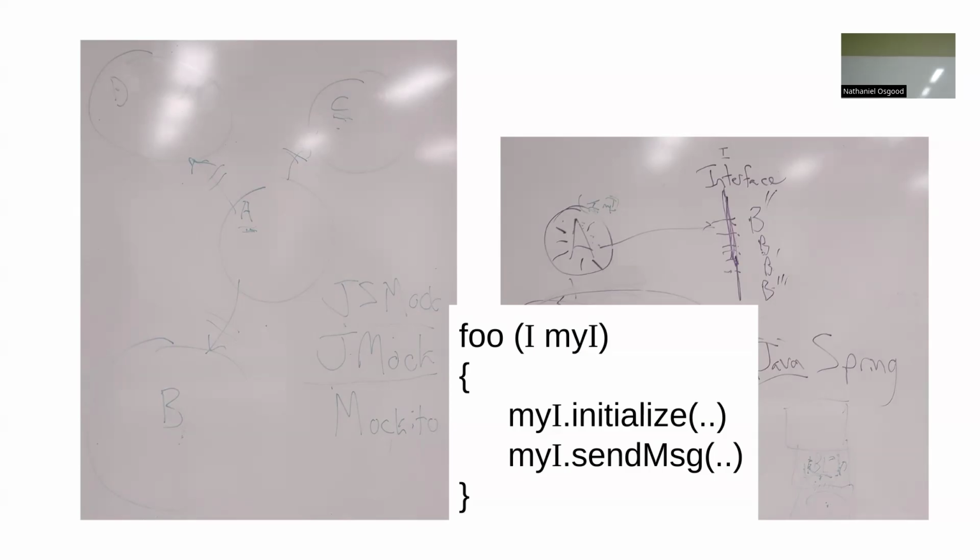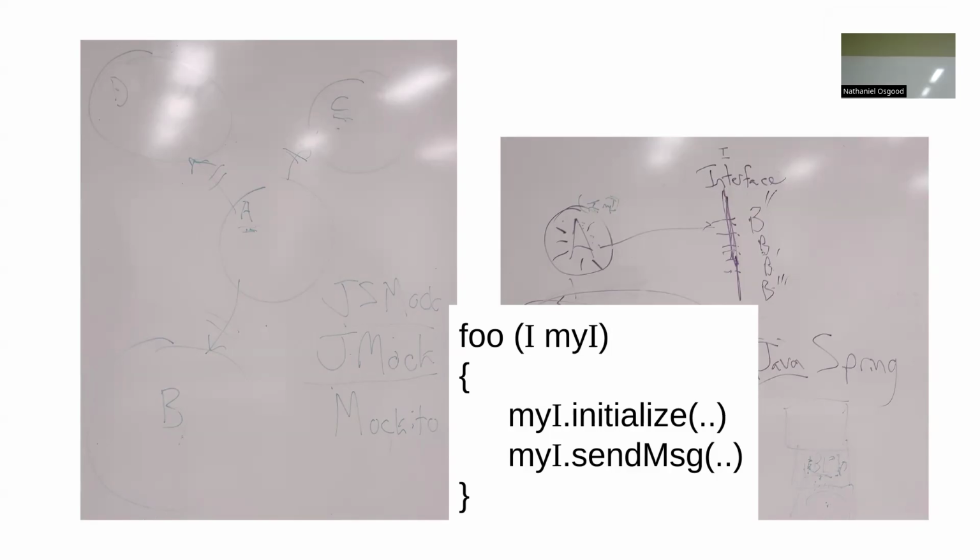we have an interface, call it I, that promises certain functionality. It promises it can initialize things with certain arguments being passed that have to meet some properties, and it can send messages if you pass it certain things.